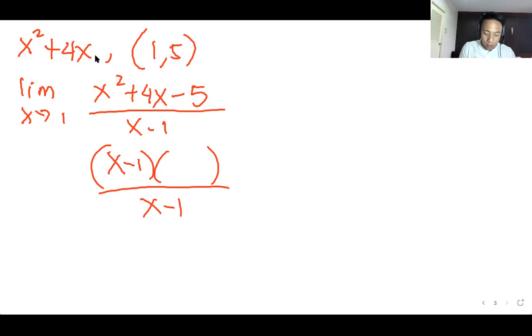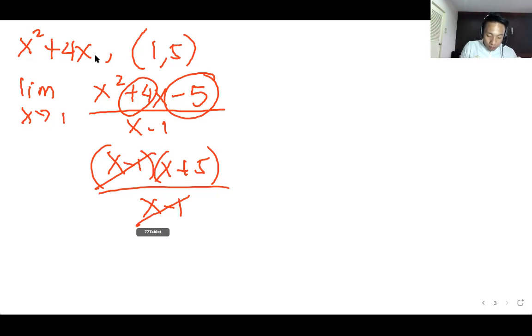Okay, wala naman iba kundi yung plus 5. So we have x plus 5. It's because 5 times negative 1 is negative 5. 5 minus 1 is positive 4. Okay? So since these two are the same, ang may a1 na lang is x plus 5.